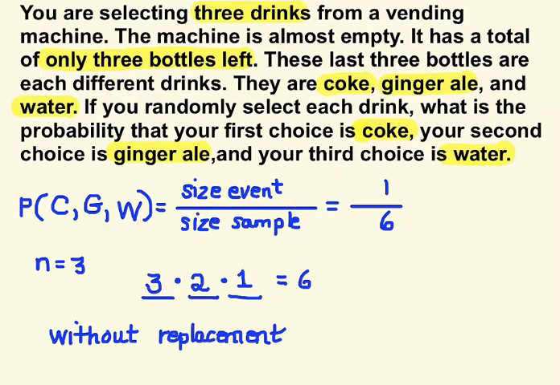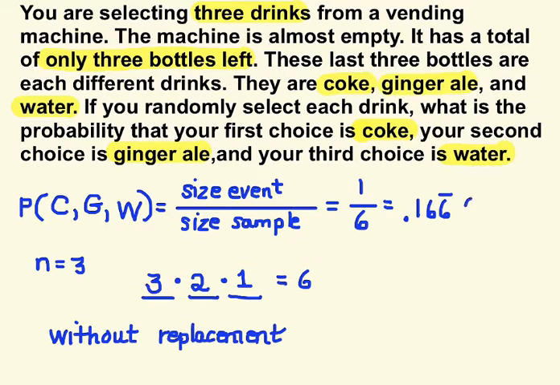Okay, so let's finish this off. Let me give ourselves a little bit more room here and move this 1/6 over. And the probability of 1/6 is 1 divided by 6. And I'll put that in my calculator. 1 divided by 6 is equal to 0.166, and this 6 is repeating.